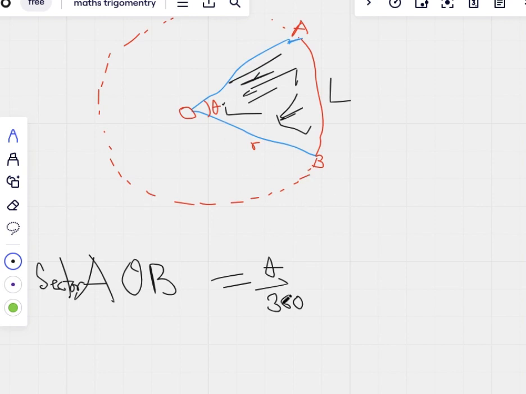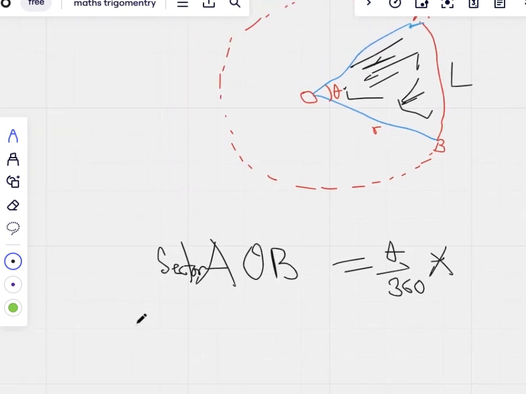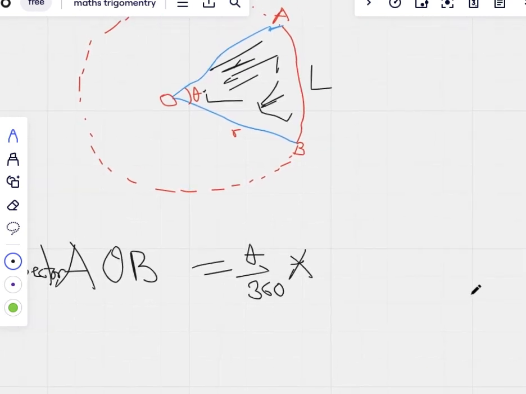Because the angle of a circle is 360. So you're just looking for a fraction of it, times the formula for area. We simply say this angle over 360 times pi r squared, because the formula for the area of a circle is pi r squared. So you're just looking for a fraction of the area of a circle.